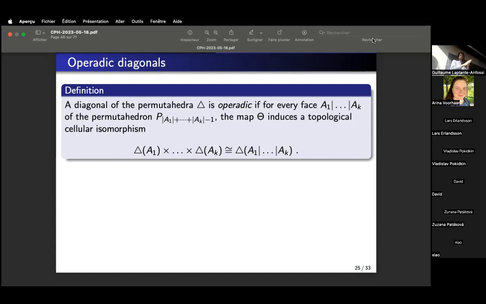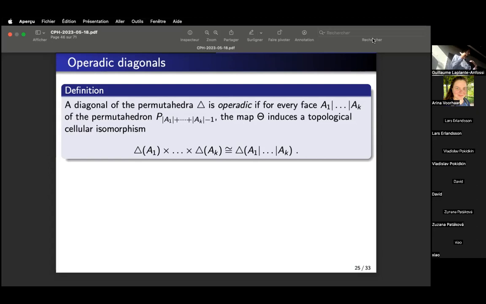if for every face, and you can see a face, it is indexed by an ordered set partition, the map big theta induces an isomorphism between the product of the diagonals and the diagonal of the product. So basically, we want it to be, Saneblidze Umble called this property co-multiplicativity.